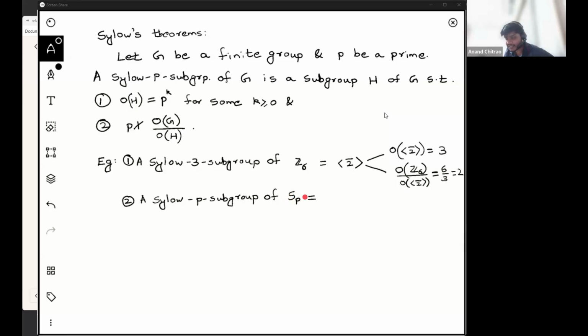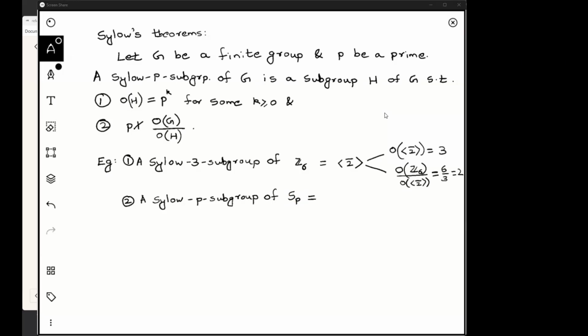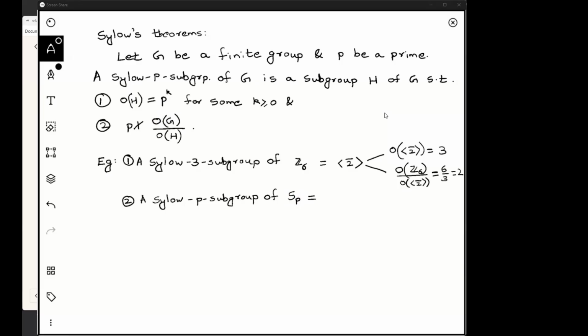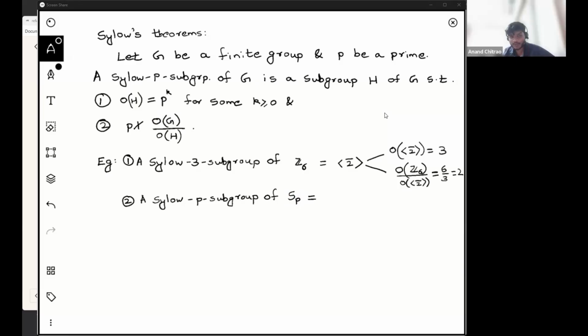What should be the cardinality? P to the power k. But what k? So it should be a P power. That P power should divide the order of S_P, right? So what's the largest power of P dividing the order of S_P?